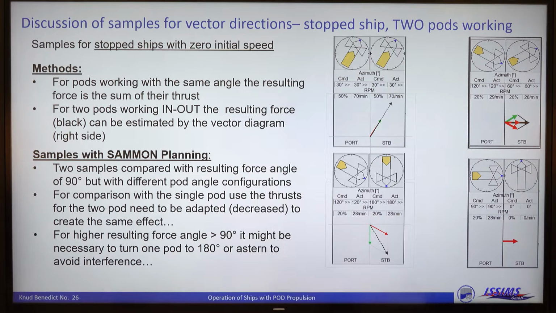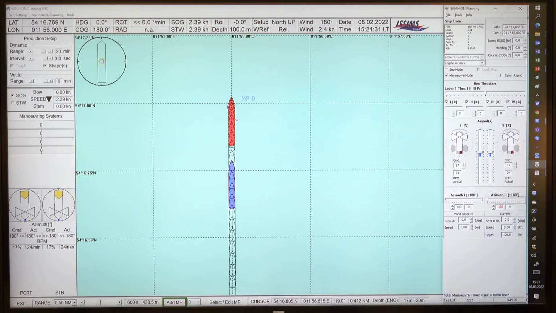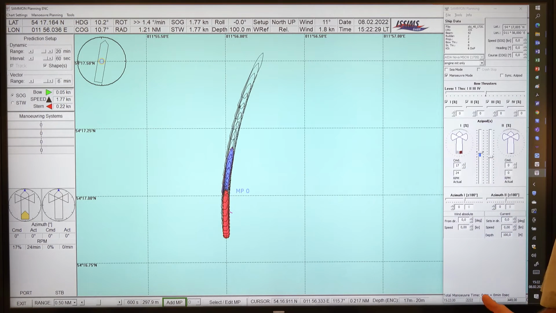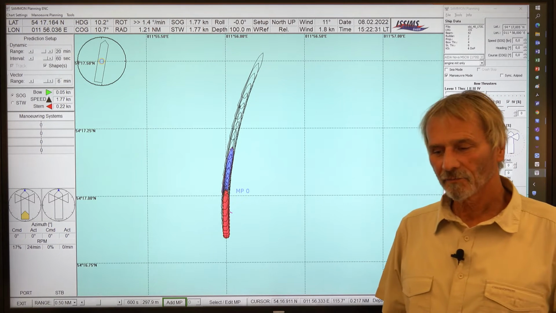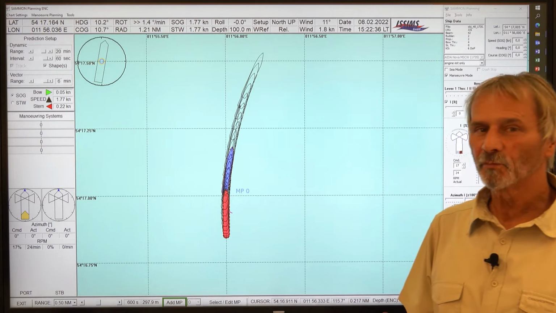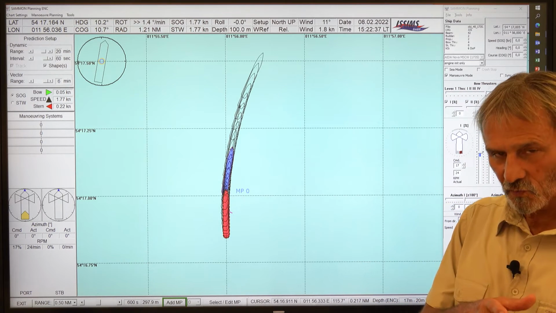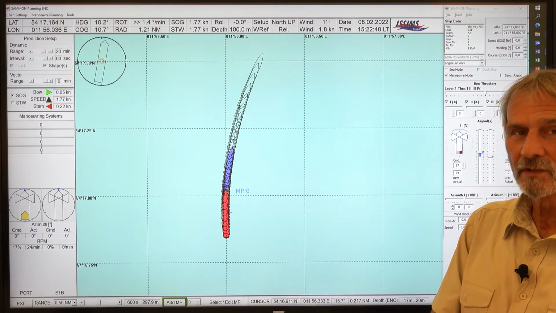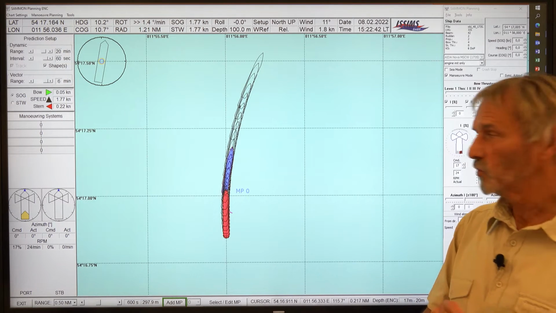Okay, now we are looking at some samples. We want to start now to compare a simple maneuver with a 90-degree resulting pod force, once with one pod and second with two pods.